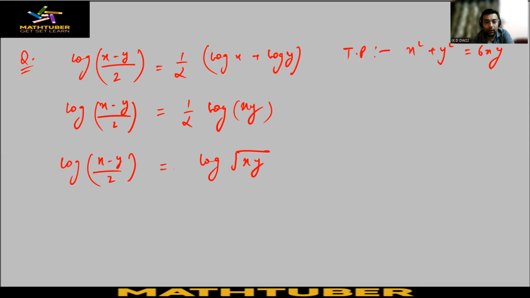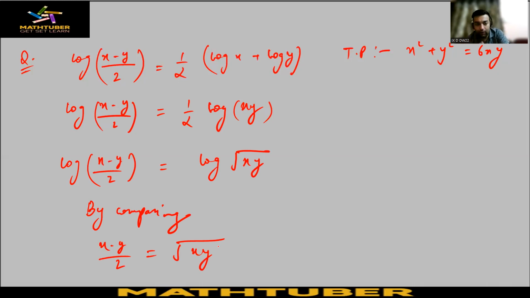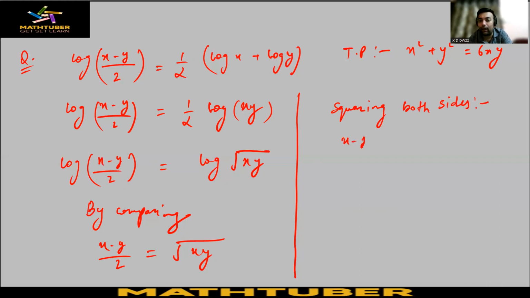Right, now the logs are same. So by comparing, x minus y by 2 will be equal to root xy. And now we have to square both the sides to remove this square root. So squaring both sides, we will get (x minus y) whole square divided by 4 equal to xy.